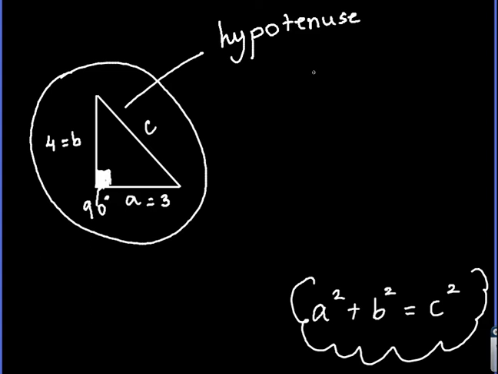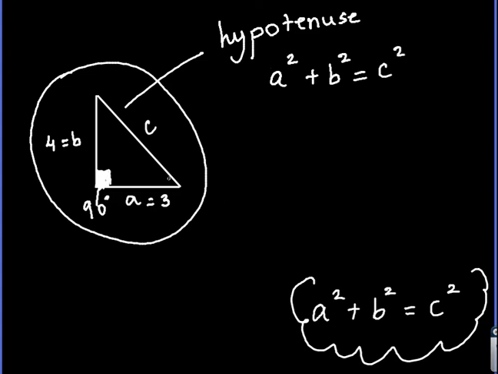Alright, so let's go ahead and see how we can do the calculation and find what the hypotenuse is. So we know A is equal to 3, so always start by writing the formula. A squared plus B squared is equal to C squared.